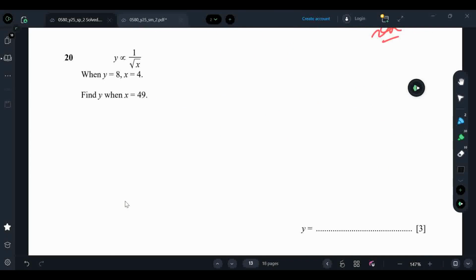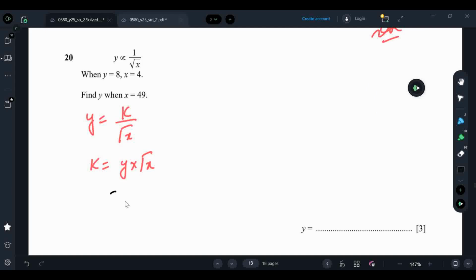In question number 20, we can see y is inversely proportional to square root of x. So how can we simplify it? This will be y is equal to k by square root of x, which means we can rearrange it like k is equal to y multiplied by square root of x.